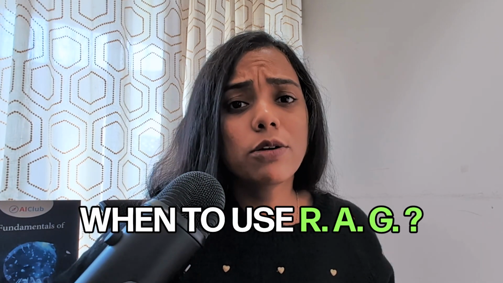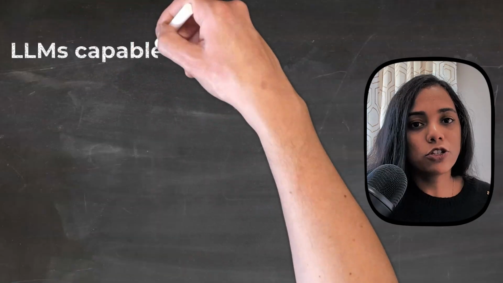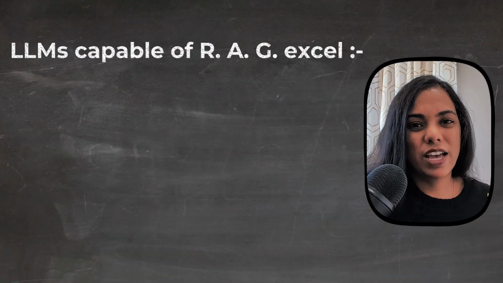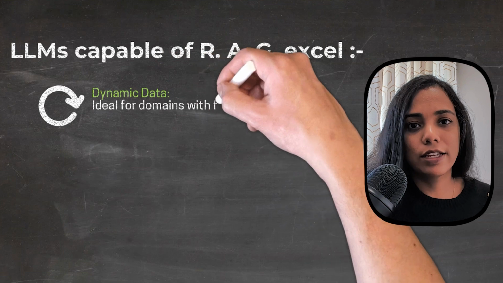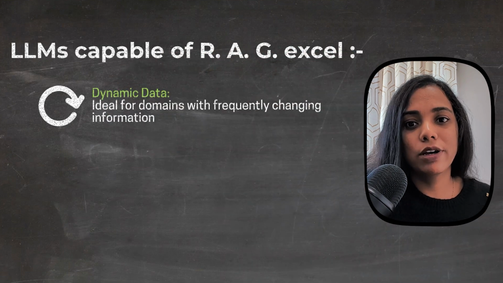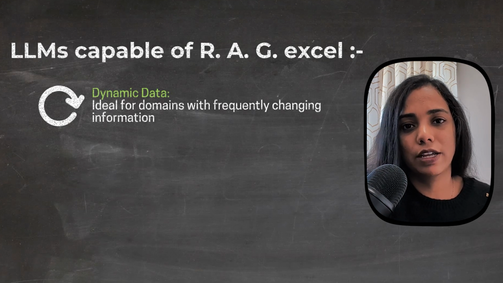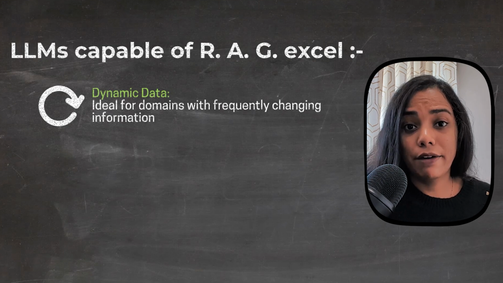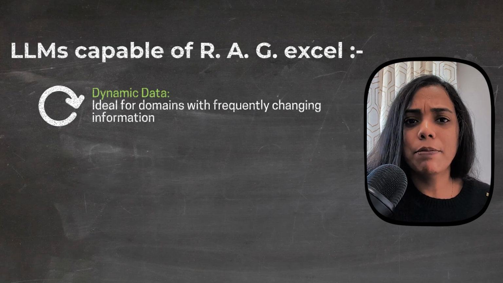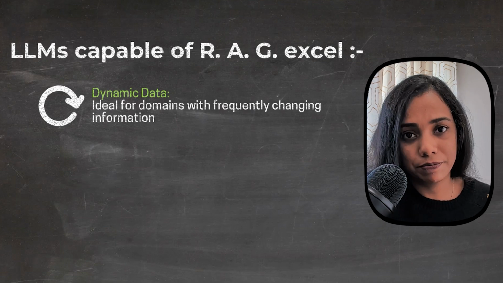So when is it a good idea to use RAG? If your domain is fast changing, like there are regular product releases, there's a lot of update and customer interaction information and stuff like that that keeps changing, then using a RAG is a good idea because you can keep updating it without touching the model.